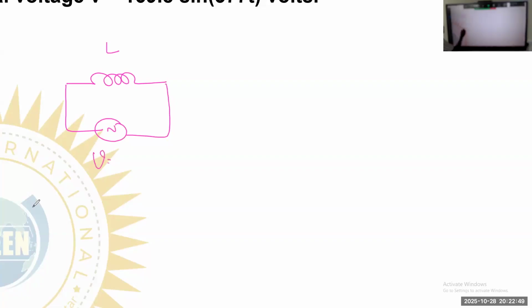So now we have an inductance. We call it a pure inductance, so we say L. We are giving Vm sin omega t. So what will happen? The circuit is closed, that's why the current is flowing.